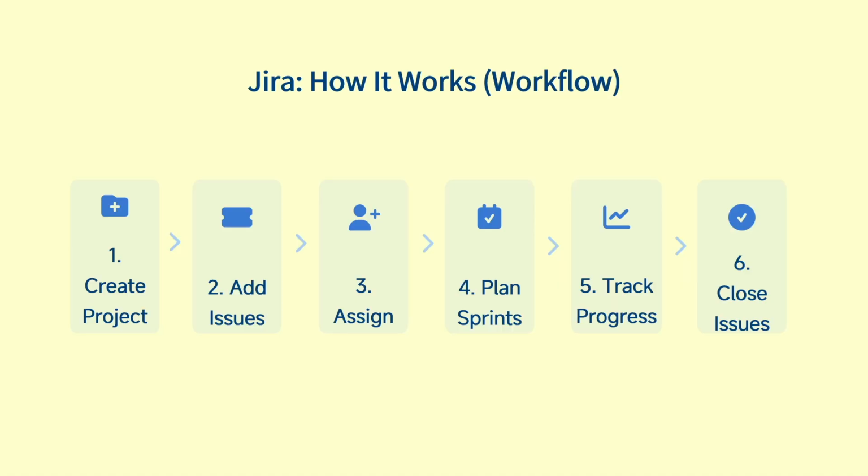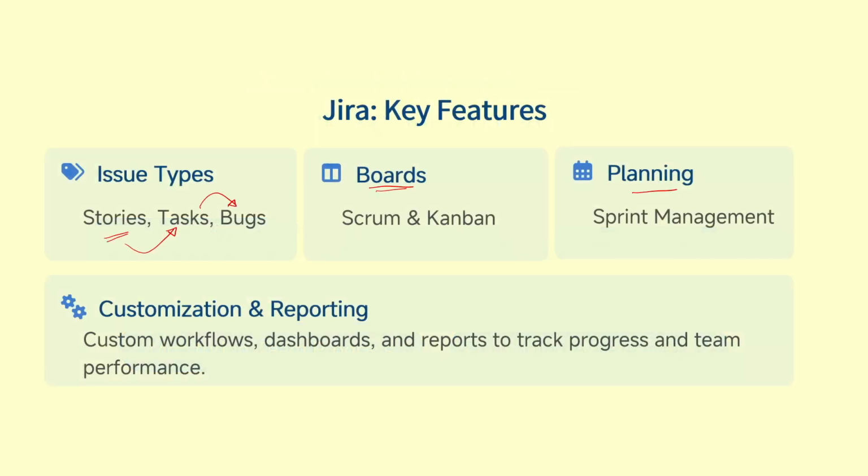So the workflow. Like we have learned for Jama, this is the workflow for Jira. You have to create a project and add the issues. Issues could be the 3 we have learned in the previous slide: user story, task or bug. If it is a user story, it will be segregated into various tasks, and tasks will have subtasks, and bugs will be associated to tasks or subtasks.